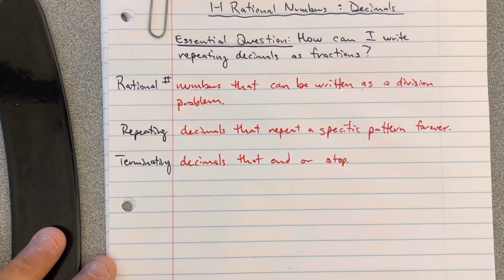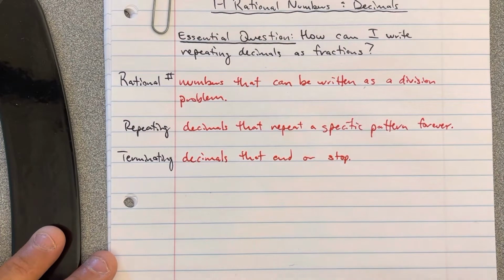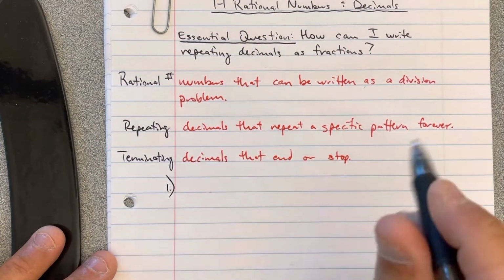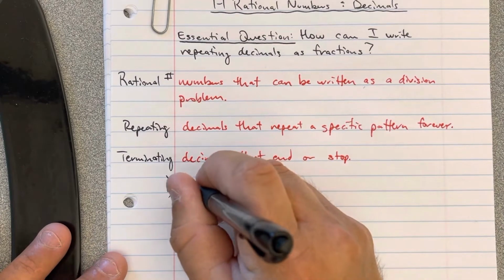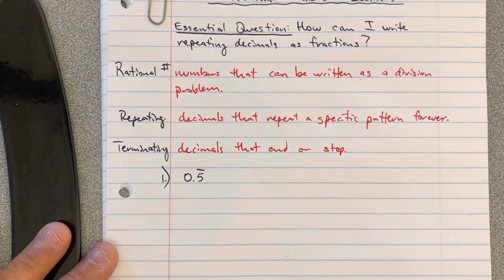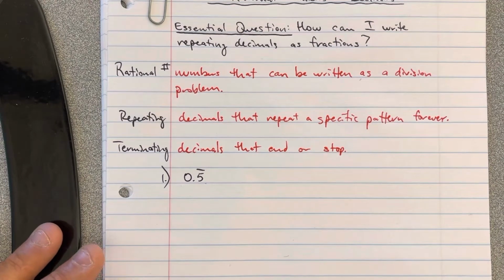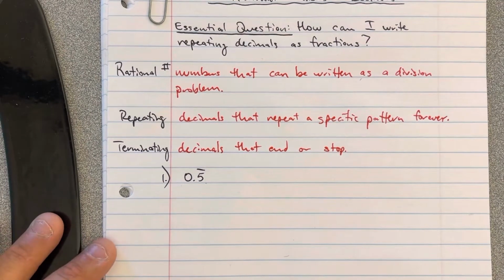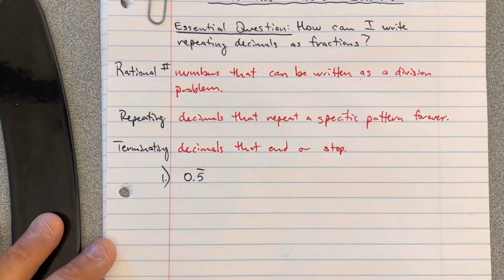So what we're going to do here is take an example of a decimal like 0.5 repeating, and turn this into a fraction. This is a little bit tricky, so we have to follow specific rules.